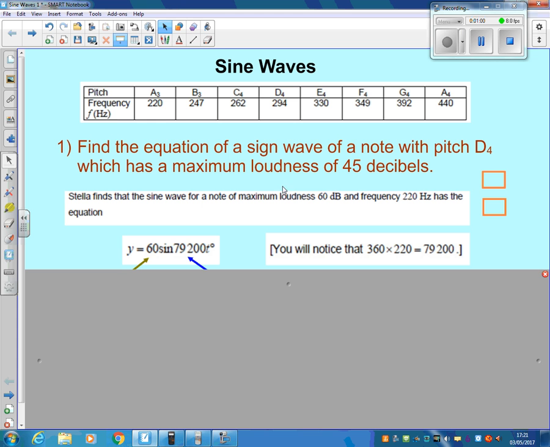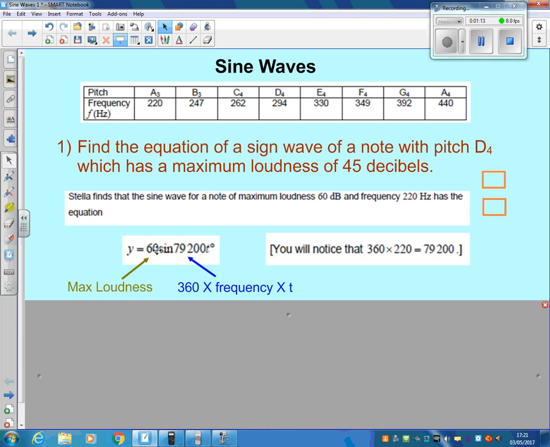If we now have a look at what's happening in this equation, and then we'll try to slot into the question we're actually looking at and see how it changes. So the 60 is the maximum loudness. The number that goes there shows how loud it is, and then this number here is 360 times 220, and then the t at the end, and the 220 was the frequency.